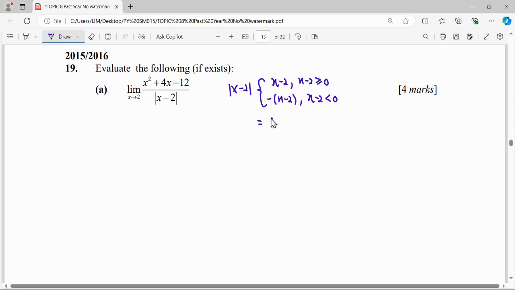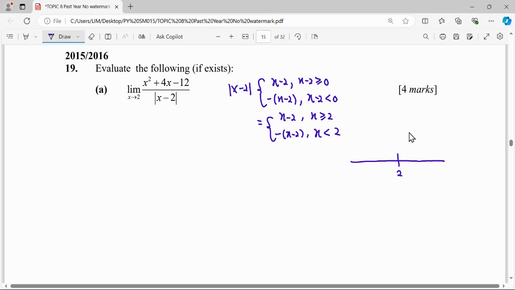So we simplify the domain, where x is more than or equal to 2, and this one is for x less than 2. We can see we have a change of function at x equals 2. When x is more than 2, our modulus uses the positive x minus 2.